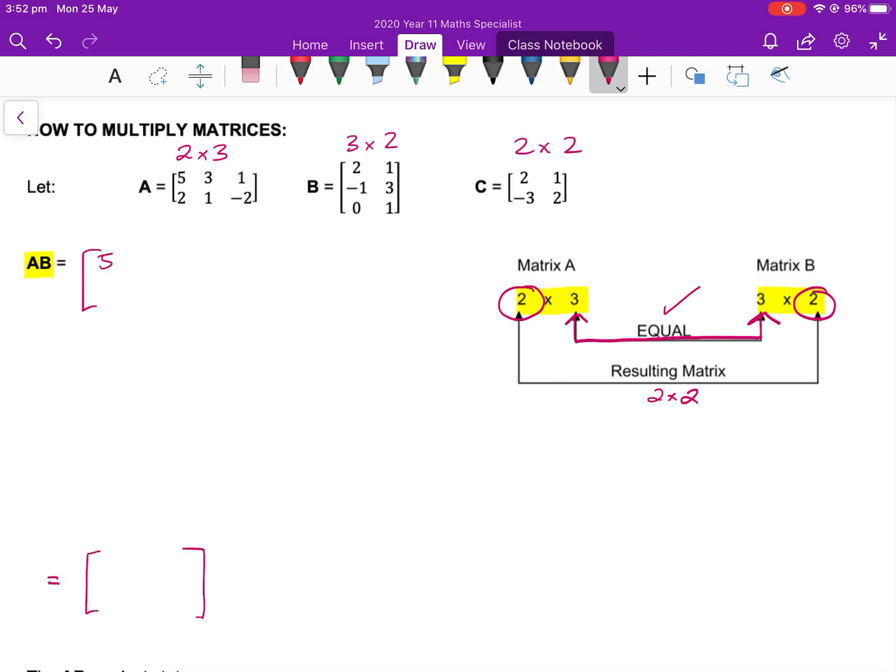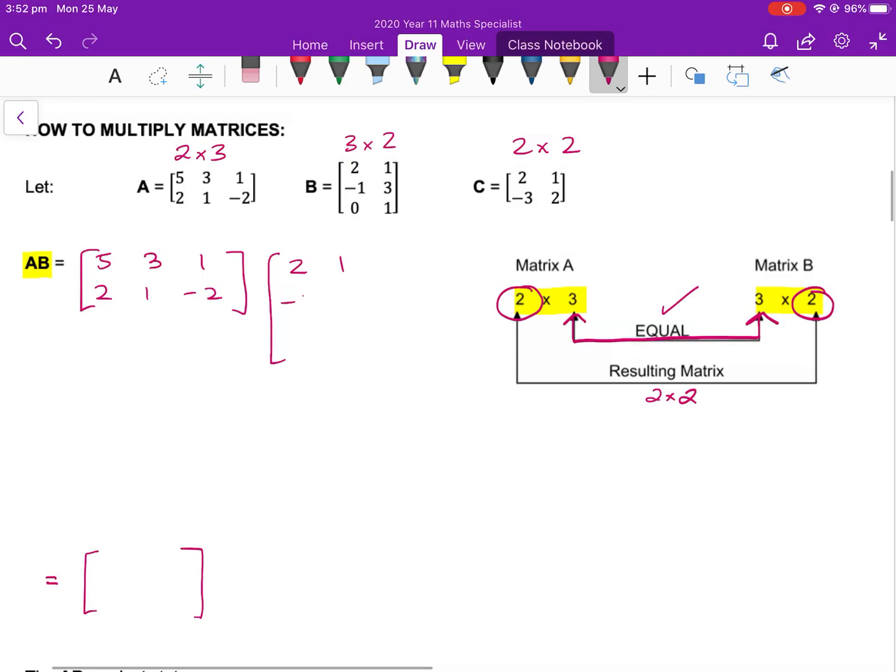We've got matrix A, 5, 3, 1, 2, 1, negative 2, multiplying by matrix B, 2, 1, negative 1, 3, 0, 1. Okay.